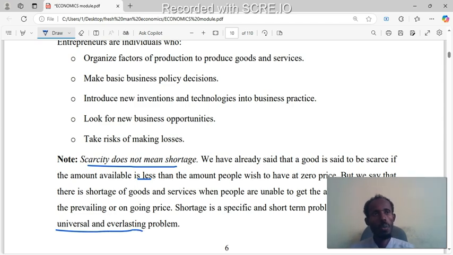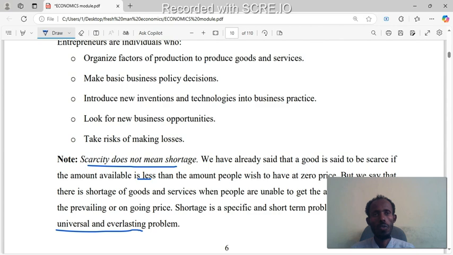So, for example, at a given going price, there is a shortage of transport. For example, from Addis Ababa to Ambo, let's say the transportation is 300 birr.